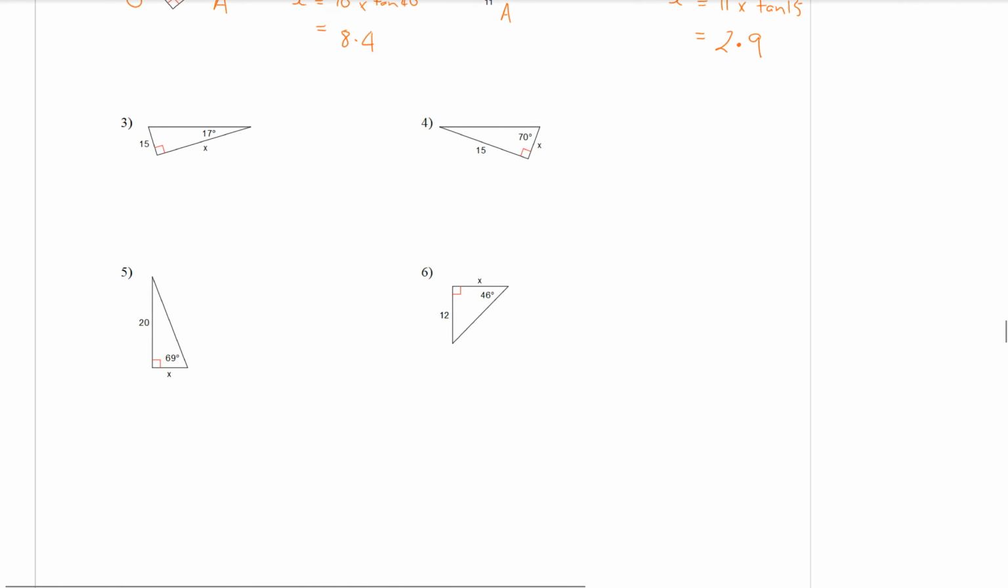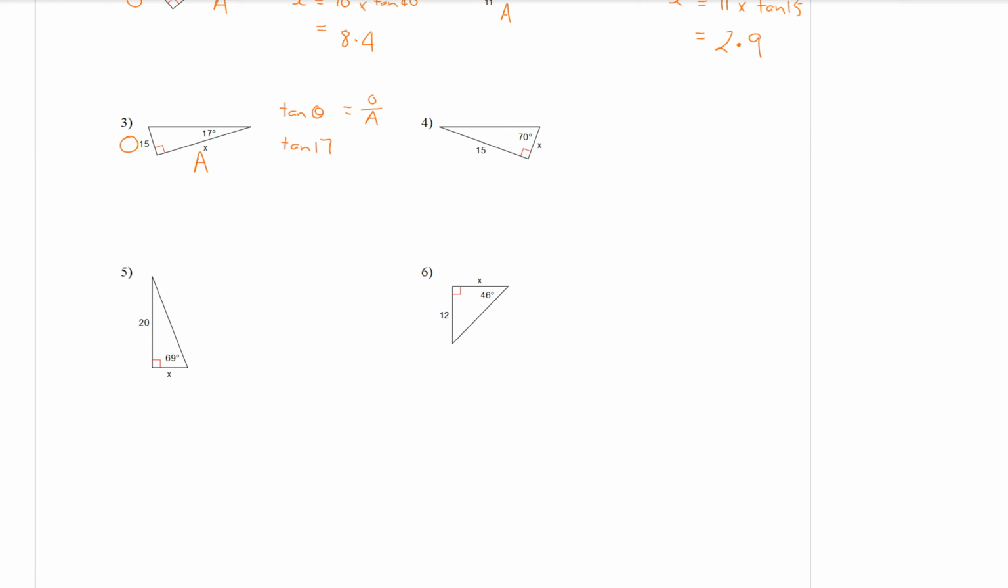Label the triangle. Across from the 17, that's the opposite. So there's an O next to that 15. Between the two angles, this side is going to be my adjacent. Write the formula down. Tan theta equals O over A. Now sub in. My angle is 17.